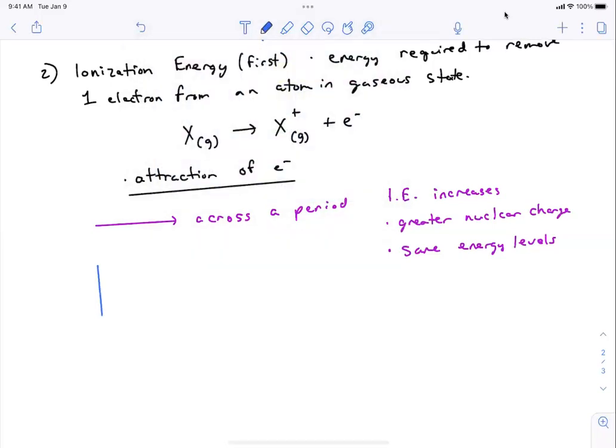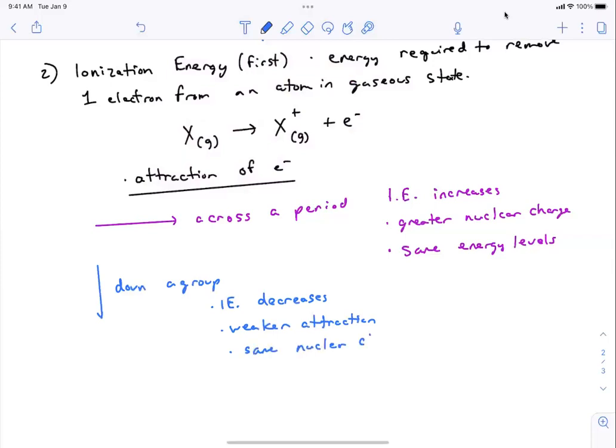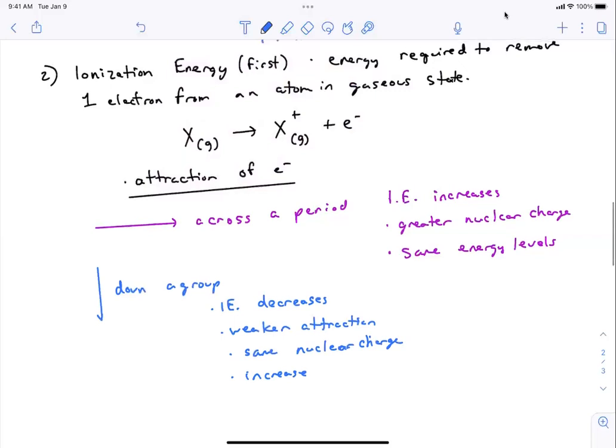As you go down a group, the ionization energy decreases due to a weaker attraction, because you have the same nuclear charge but an increased number of energy levels, which increases the shielding, which makes the attraction weaker.